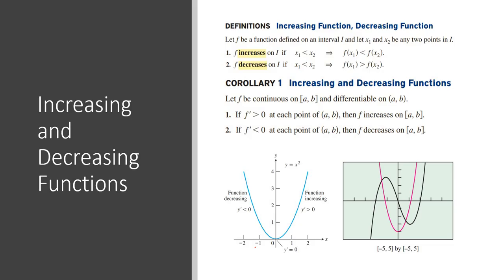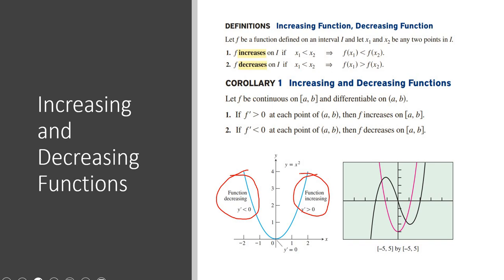And conversely, the function f decreases on I if x1 is less than x2, but f of x1 is greater than f of x2. As we can see with this parabola here on the bottom, this part is decreasing and this part is increasing. Very simple.